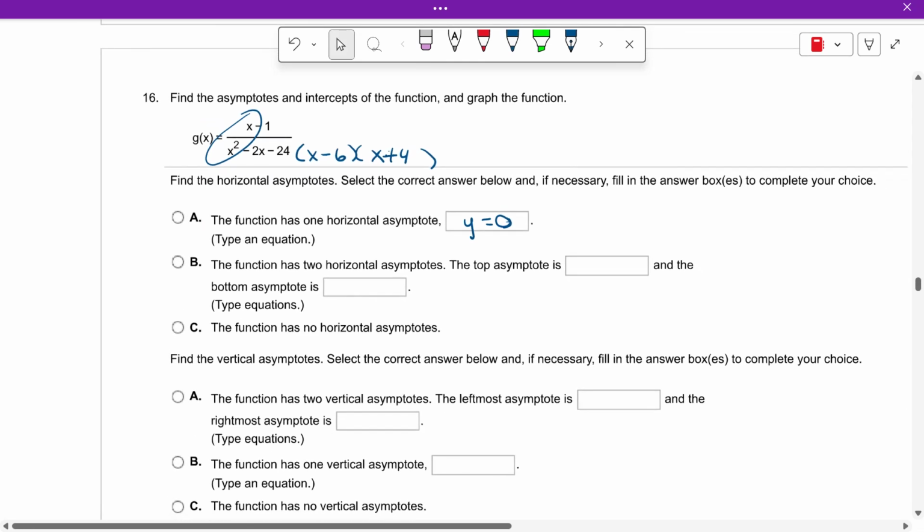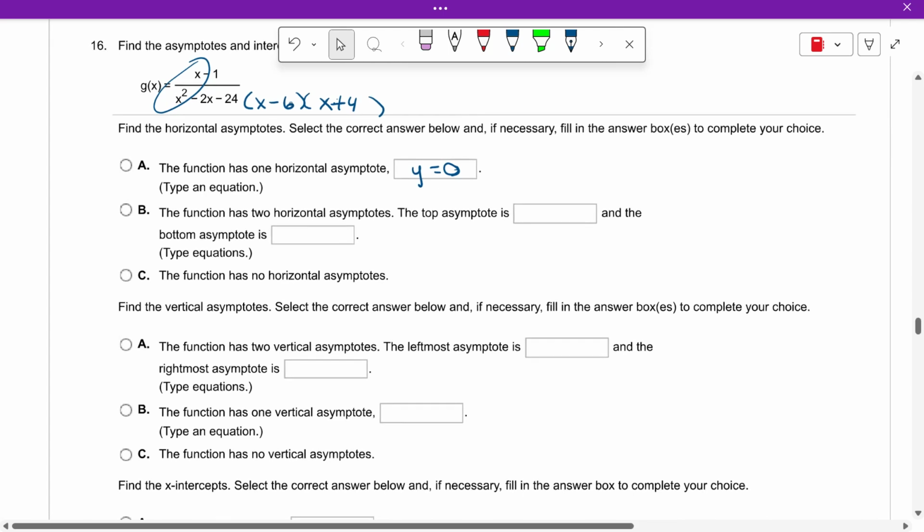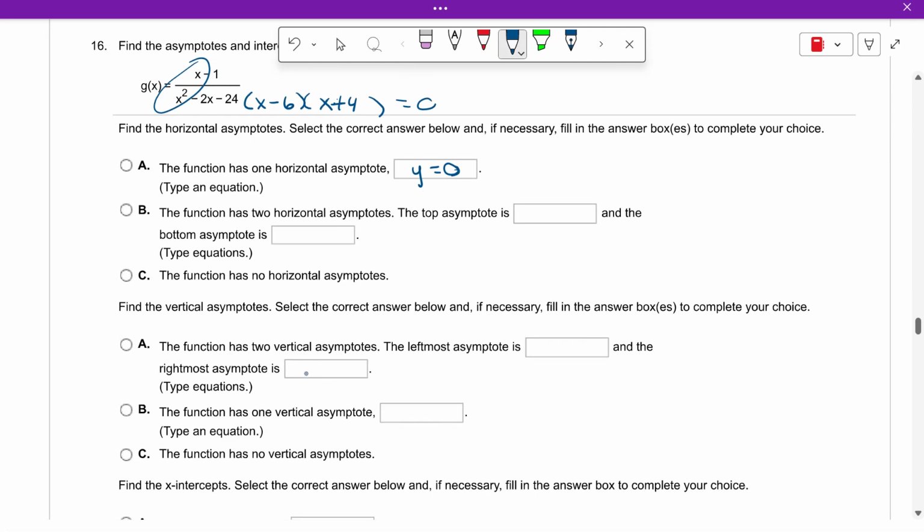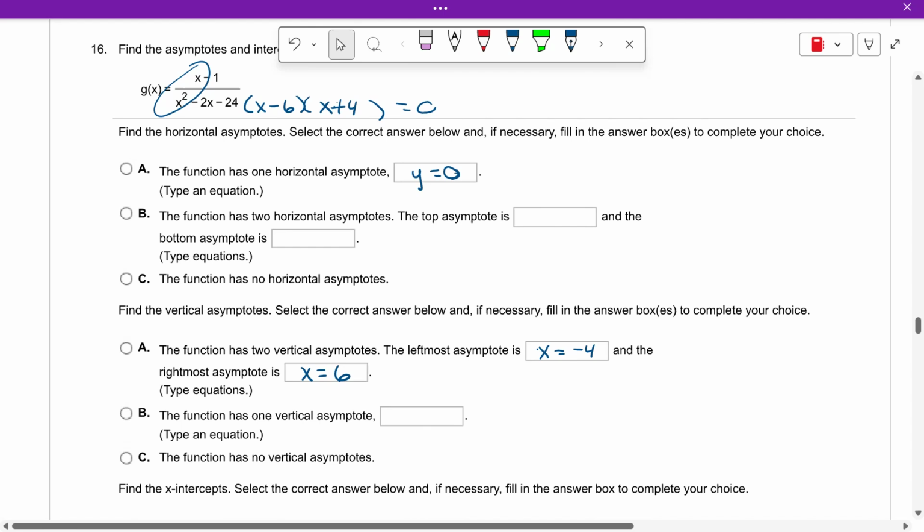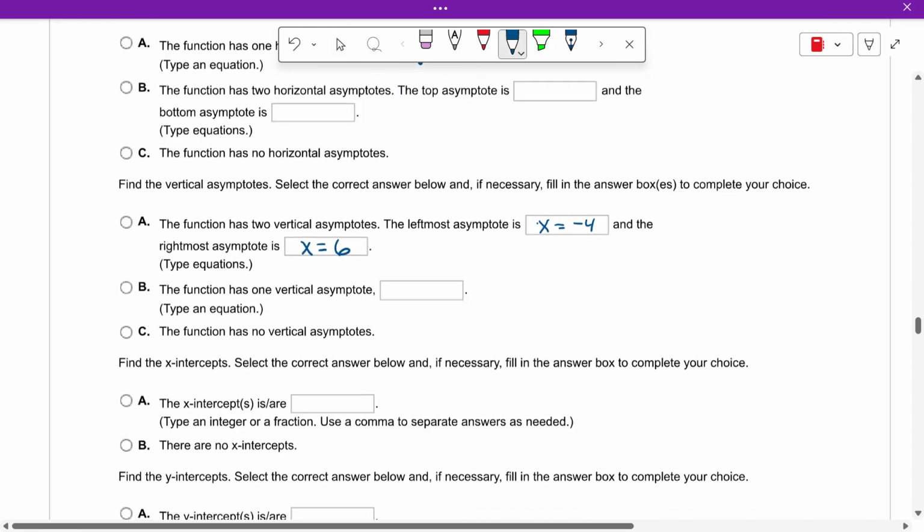The vertical asymptotes are what you get when you set your denominator equals 0. So it has two vertical asymptotes. The left one is x equals negative 4, and the right one is x equals 6. You solve both of those. To find the x-intercepts, you set your numerator equals 0, x equals 1.